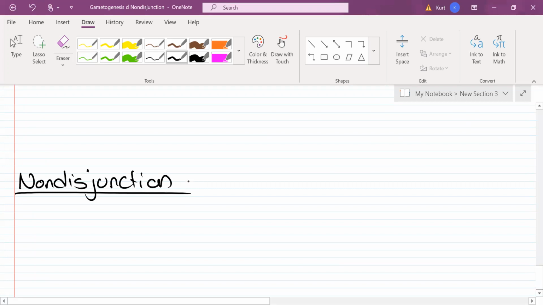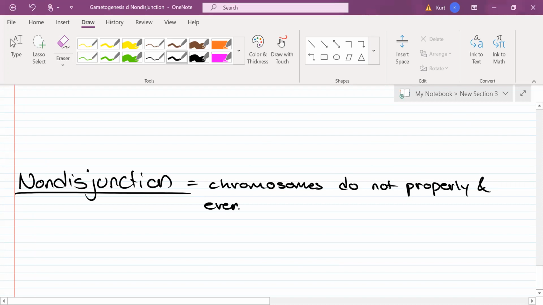So non-disjunction is where chromosomes do not properly and evenly separate during meiosis.